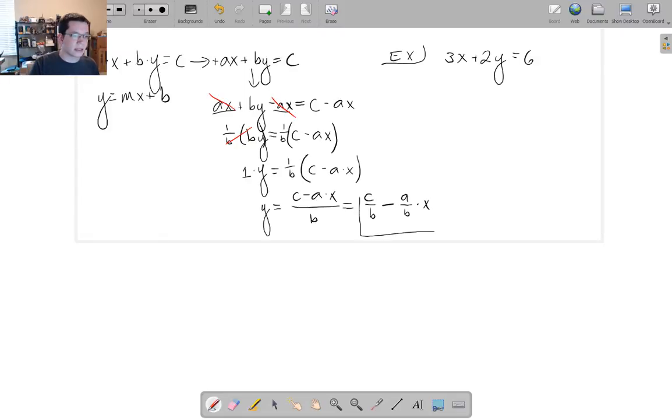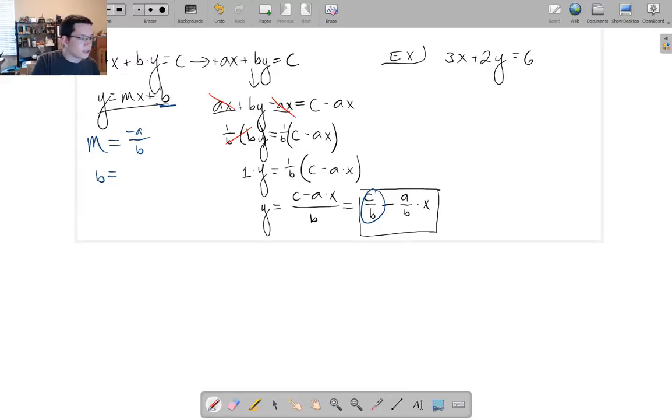And this is now the correct form to match this. So now my m is equal to negative a divided by b. And my b, abusing the notation a little bit, this b is equal to this.